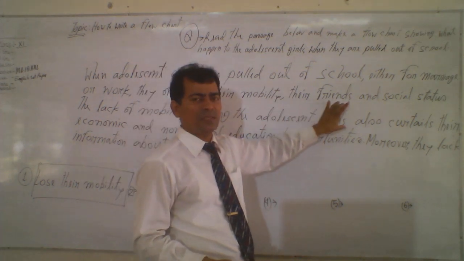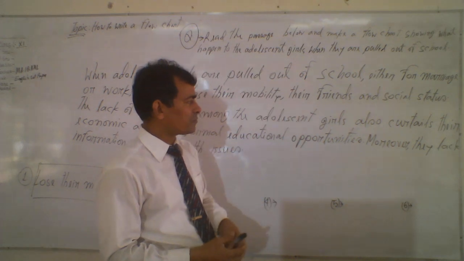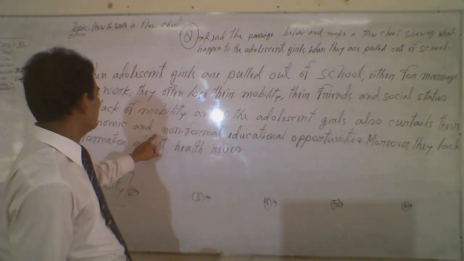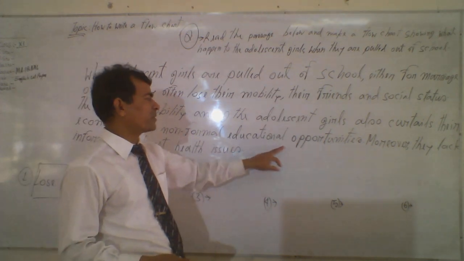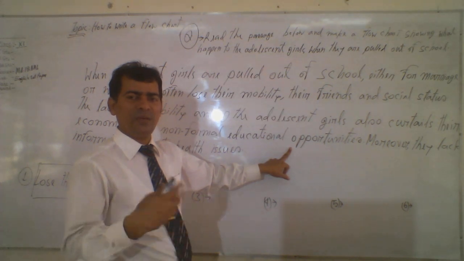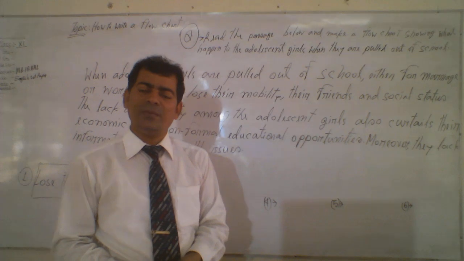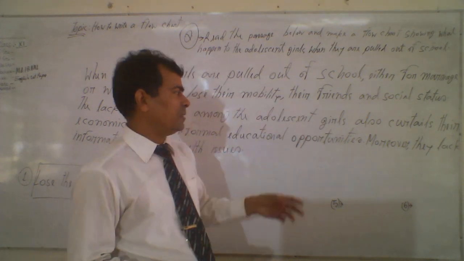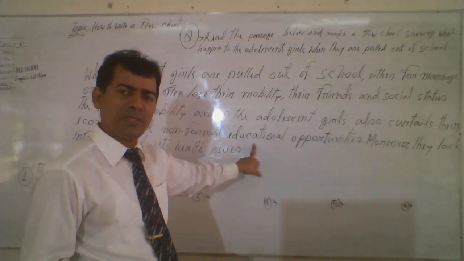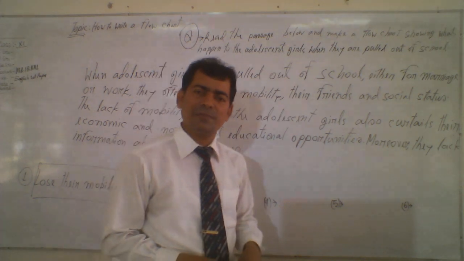And this lack of freedom of movement also cuts off their economic and non-formal educational opportunities. When they lose the freedom of movement, at the same time they lose their opportunities of non-formal education and economic opportunity.